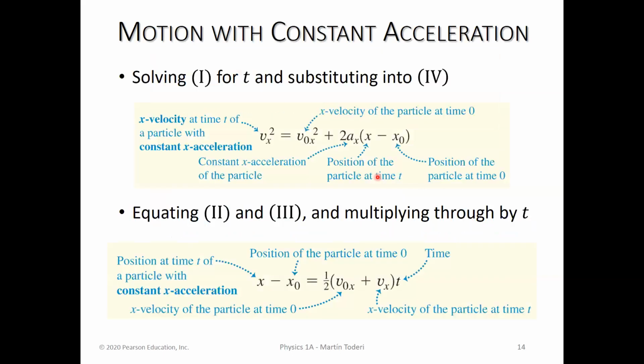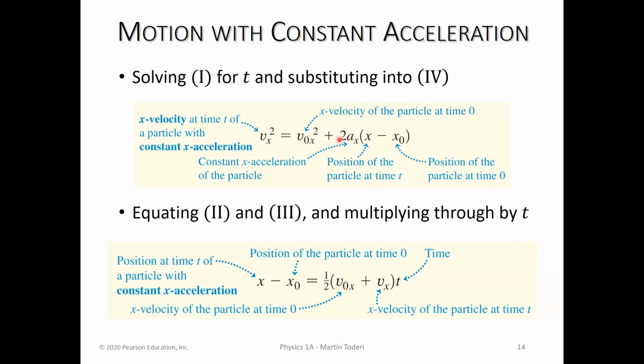Okay, so I want to present you these two expressions which come really handy, and they're not coming from any specific magician hat or anything. It's just deriving from the expressions that we had before.